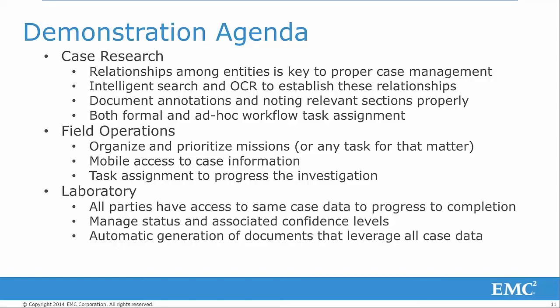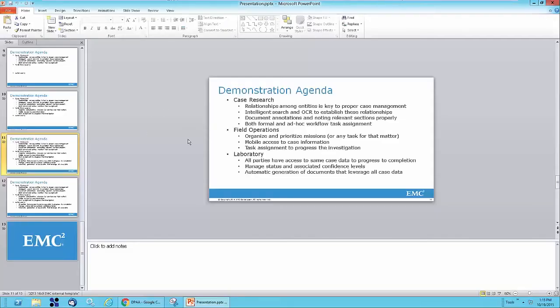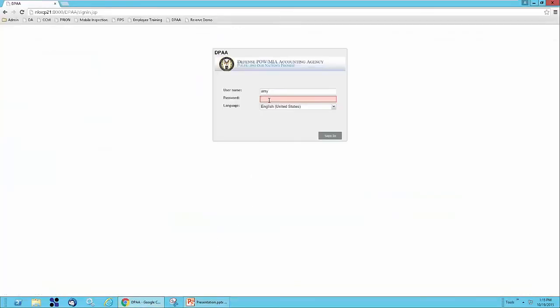All parties have access to the same case data as it's progressing. We're able to manage the status and associated confidence levels. We're able to progress the case. And there's going to be a third thing in this area about automatic generation of documents. So let's log in again, this time as Amy, who is a member of the laboratory.